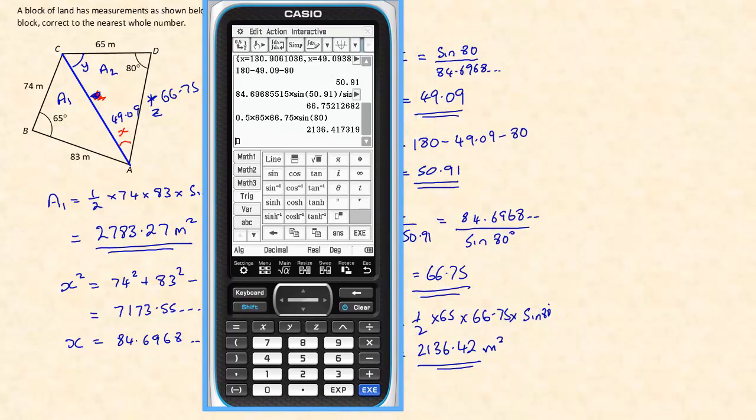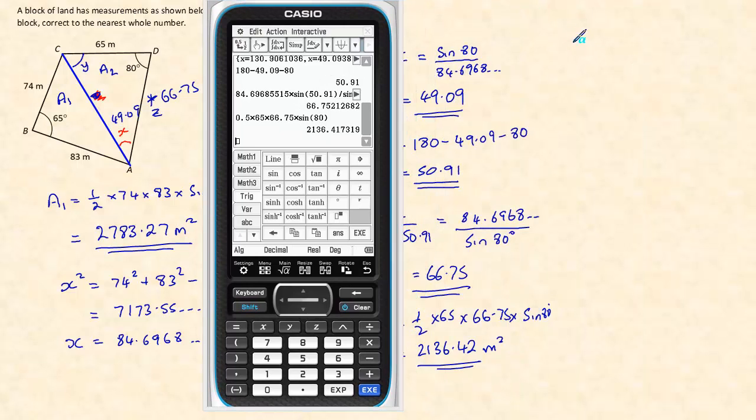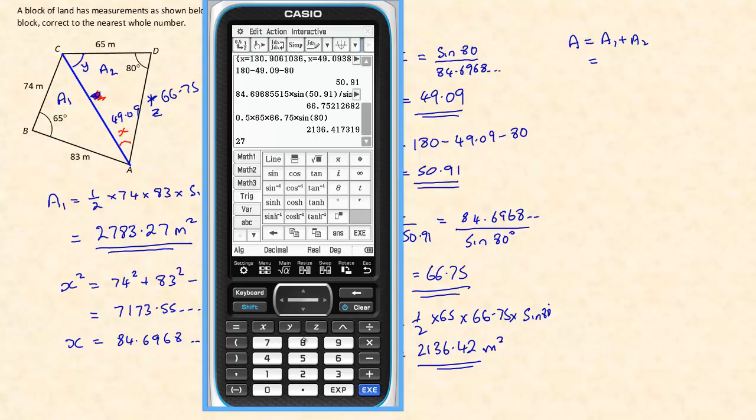And that, of course, means that we now have the total area, because that would be equal to A1 plus A2. So that's 2783.27 added to 2136.42.